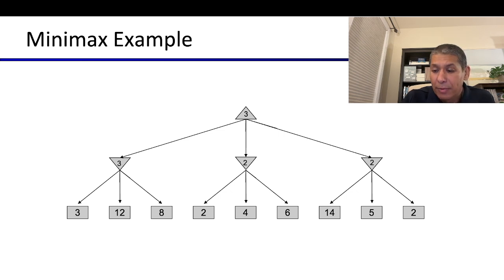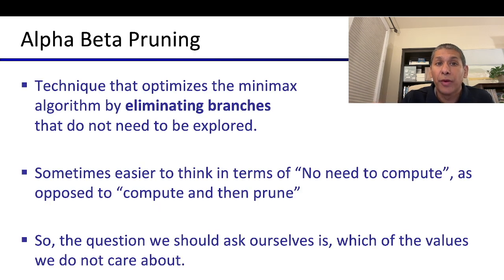Now, the concept of this particular mini video here is that of alpha beta pruning. So let's try to do that. So what is alpha beta pruning? In very simple terms, it's a technique that optimizes this minimax algorithm by eliminating branches that do not need to be explored. So we are trying to eliminate branches that we think we don't even need to know.